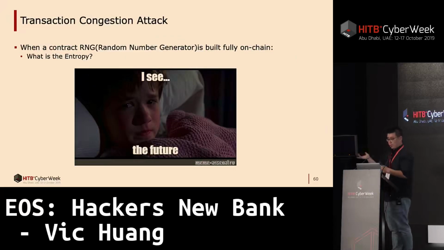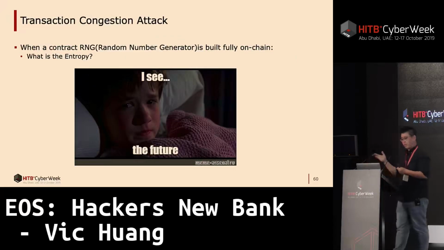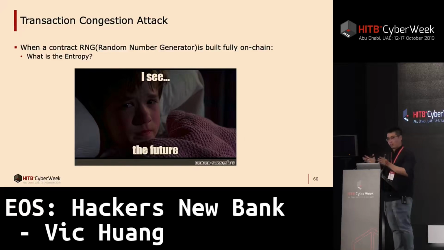So it seems the transaction congestion attack is just some kind of DoS attack, but actually it works on some gambling games, because some of them generate their random numbers using entropy from information on the block, like block numbers, but actually that kind of information can be controlled.